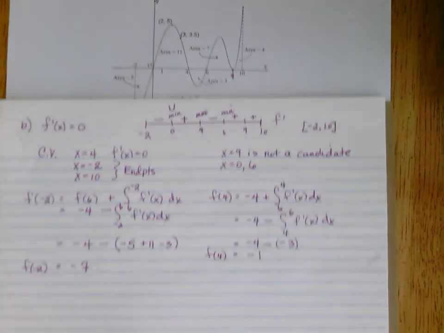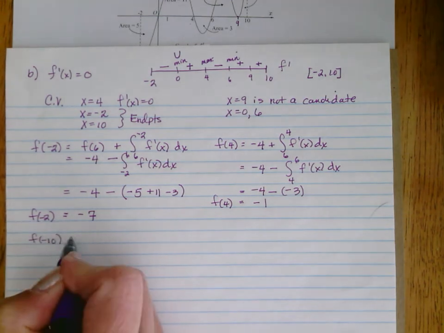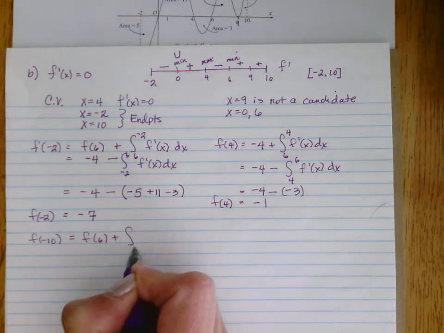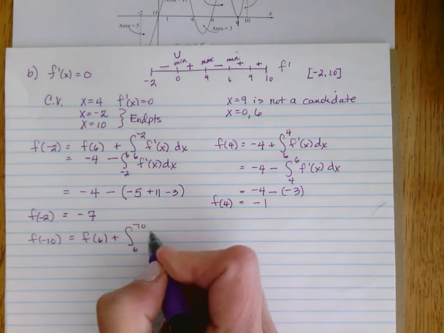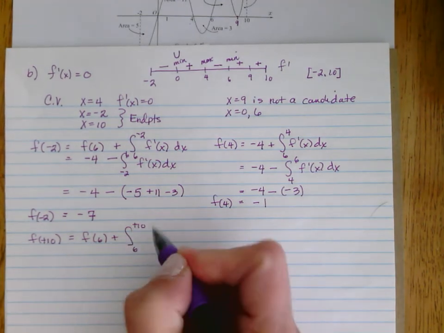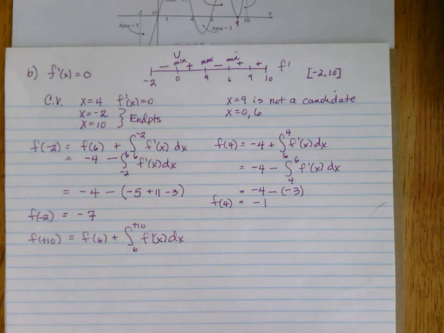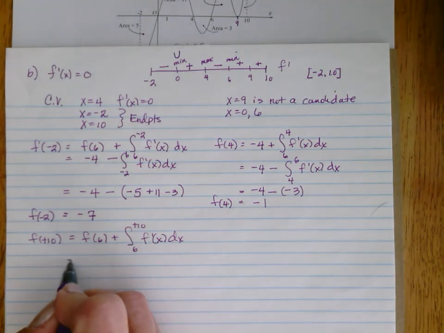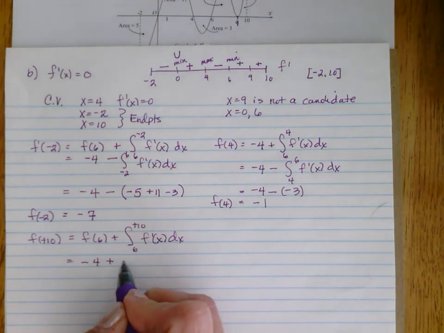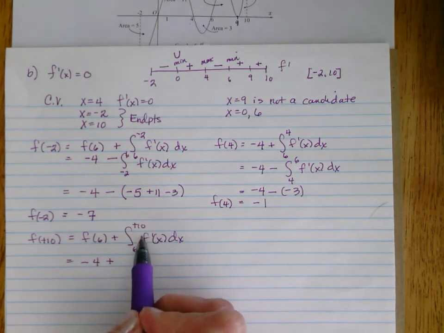Okay, and let's do the last one, f of 10. Same process, we need the initial condition plus the integral from 6 to 10 of f prime of x dx. I don't have to switch this time. F of 6 is negative 4, plus I need the value of the area from 6 to 10.